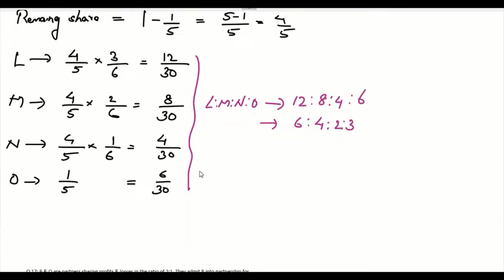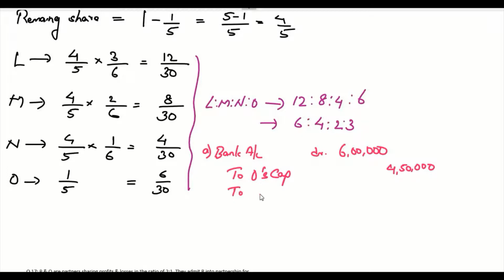So journal entry first one will be bank account debit 4,50,000 plus 1,50,000, it's going to be 6 lakhs, and he is bringing this as part of his capital. To O's capital 4,50,000. Then the remaining is towards goodwill.